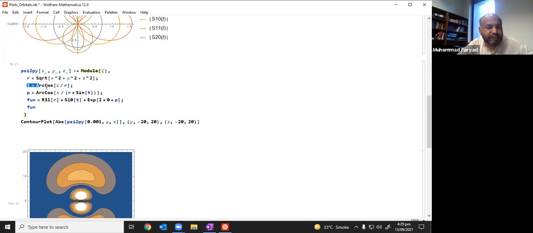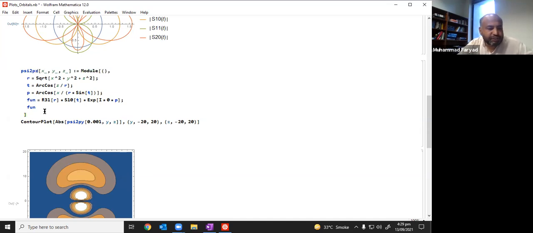This t is angle theta, and it's z over r. And then this p is angle phi, it is x over r sine theta. And then this fun is whatever function we want to compute. So let me start one by one. So let's start from psi 2z.